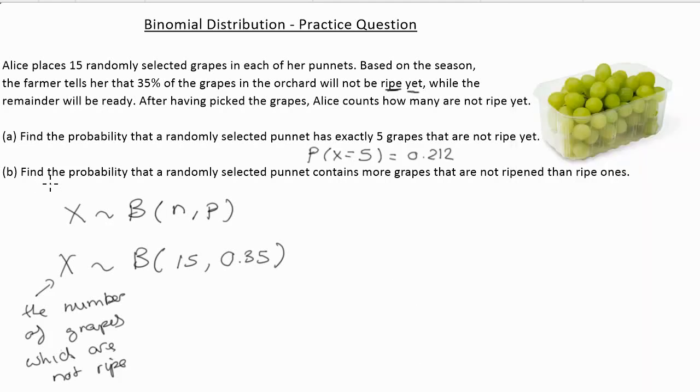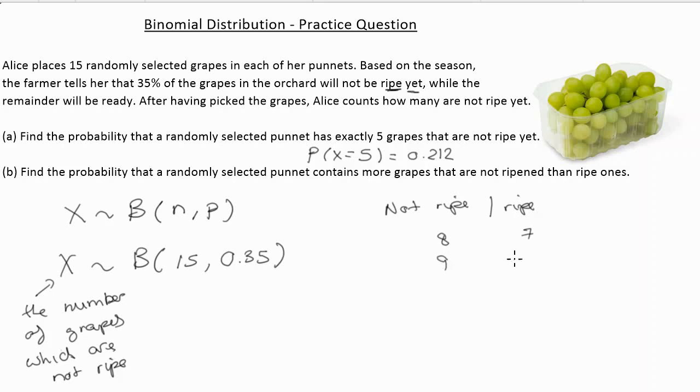For the next question, we're asked to find the probability that a randomly selected punnet contains more grapes that are not ripe than ones that are ripe. So we need to think about, if we've got 15 grapes, we're going to have ones that are not ripe and ones that are ripe. Now for there to be more of this, we could have 8 of these and 7 of those.